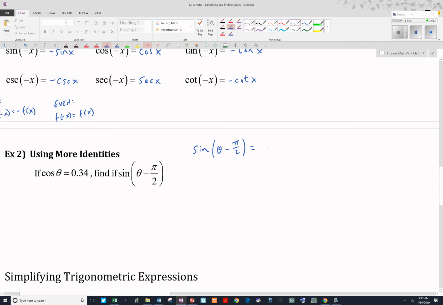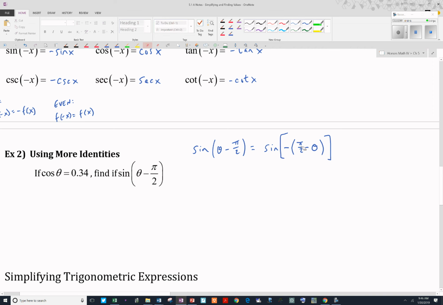What I'm going to do is pull out on the inside of that sine function a -1. I'm going to change this to a bracket just to make it look a little more professional. If we pull a -1 out, that theta turns to a negative, and that pi over 2 turns to a positive, so I'm going to flip it around. You can probably already tell where we're headed. Look at how that's already starting to look like the cofunction, except we got that negative right there. We got to take care of that.